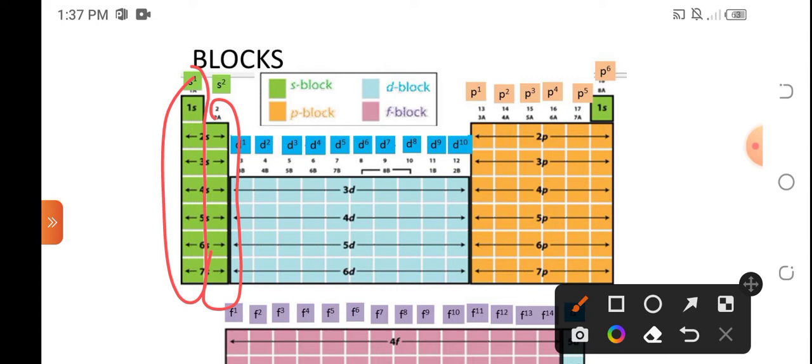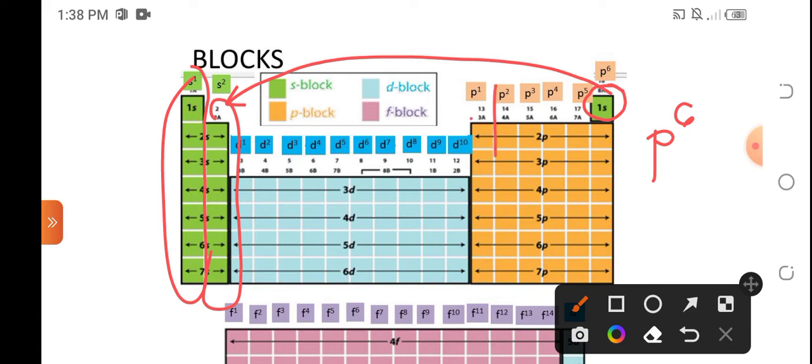Now, for helium, it is included here in the S block, S2 block. But when it comes to P, remember the maximum number of electrons contained in the P orbital is 6.